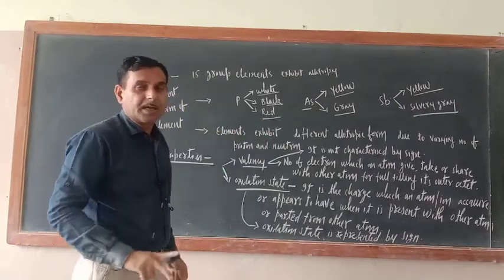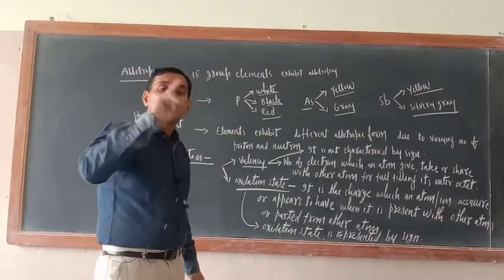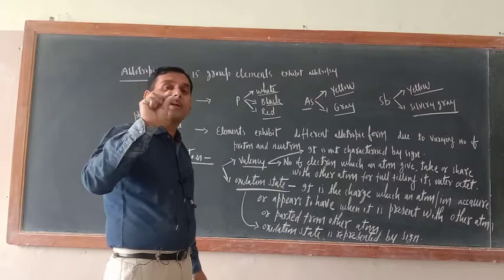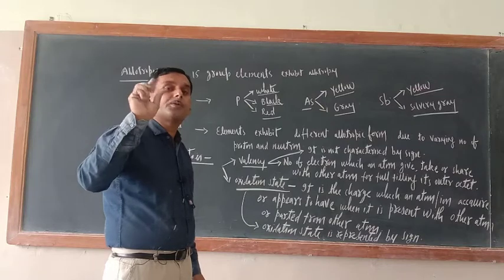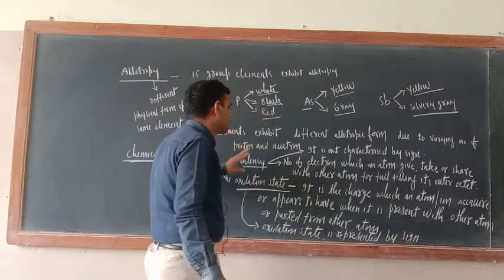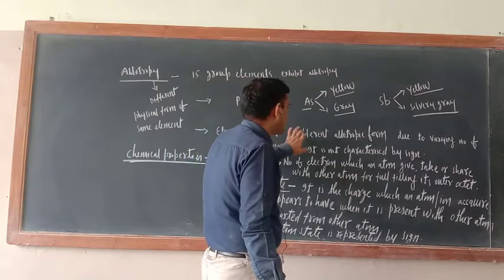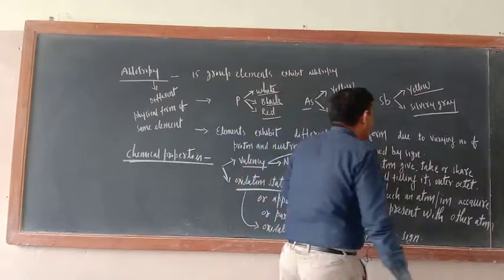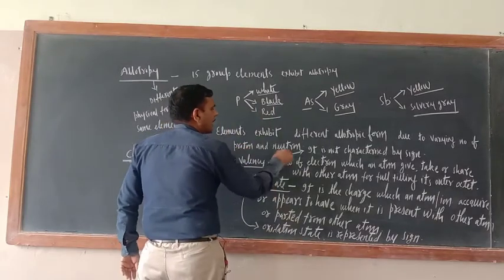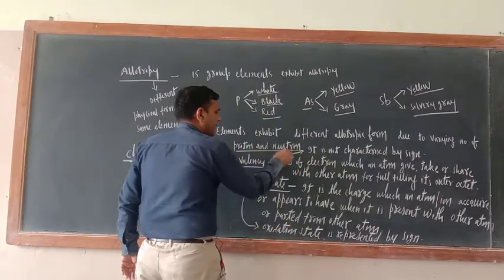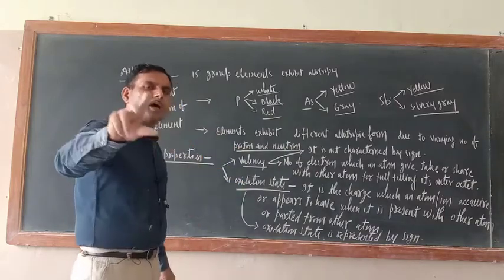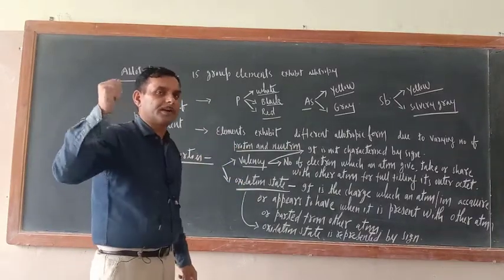Always remember, allotropy is exhibited because of a different number of protons and neutrons. Elements exhibit different allotropic forms due to a varying number of protons and neutrons, okay. It means in different physical forms, protons and neutrons may be different.